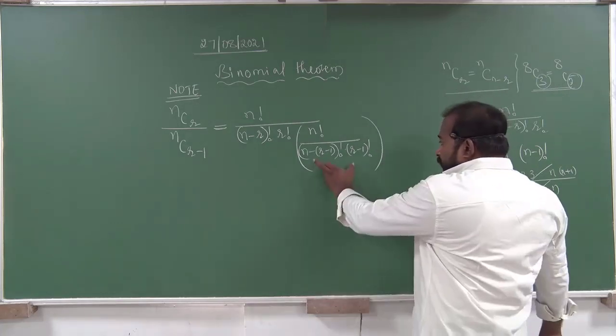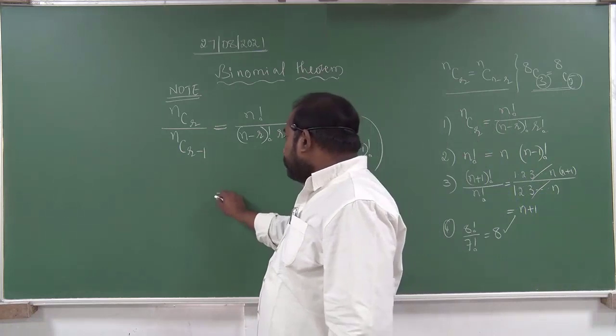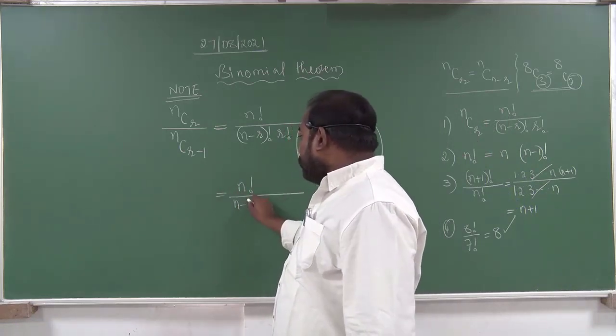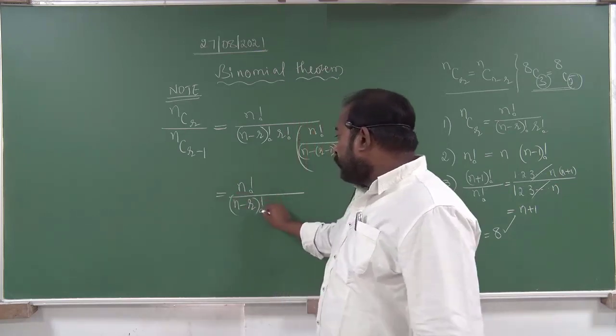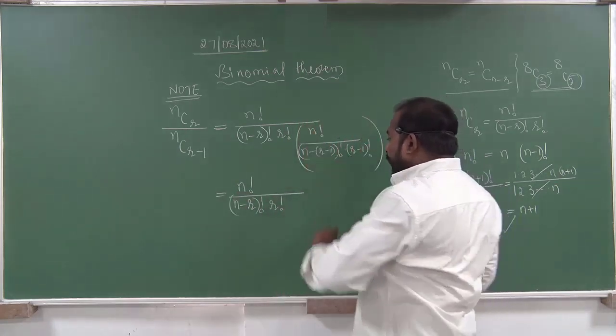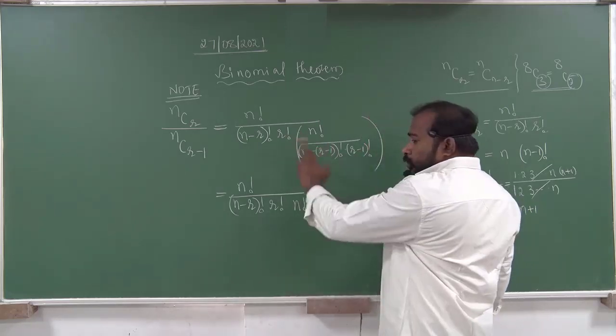Now this value will go to the numerator. What will you get, tell me here? n factorial by (n minus r) factorial into r factorial. Here n factorial is there already, and this value will go to the numerator.